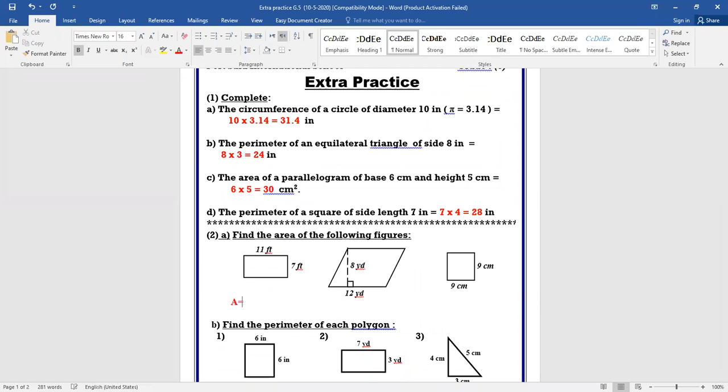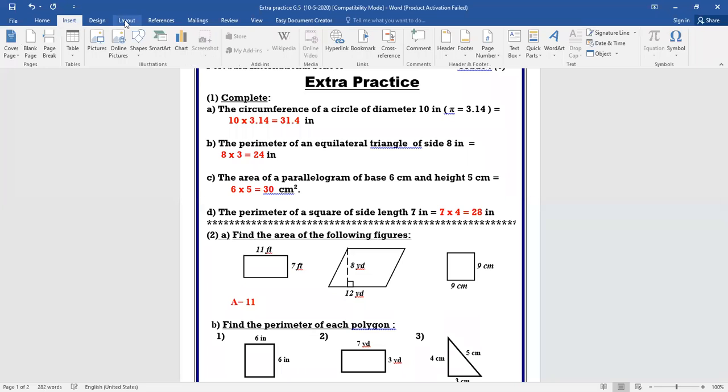Area of rectangle is length multiply by width, so 11 multiply by 7 equals 77 feet power of 2. Okay, thank you.